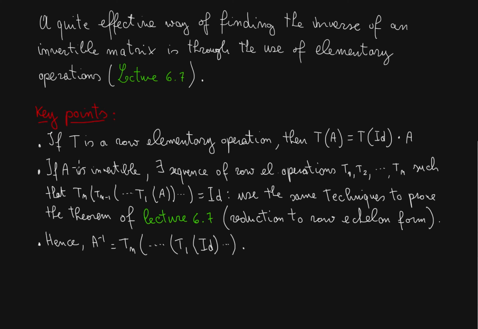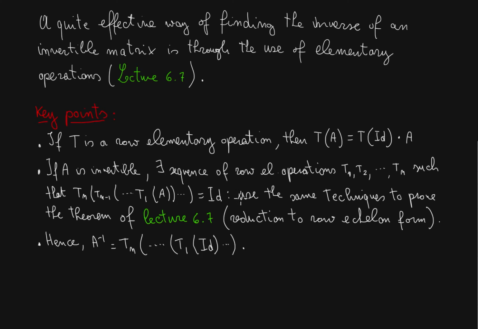Second point: if A is invertible, there exists a sequence of row elementary operations T1, T2, through, let's say, Tn, such that if we apply successively, from T1 up to Tn, these elementary operations to A, we eventually get the identity.